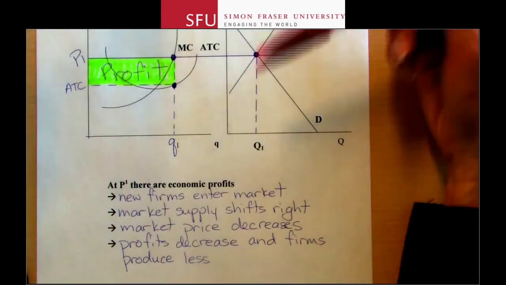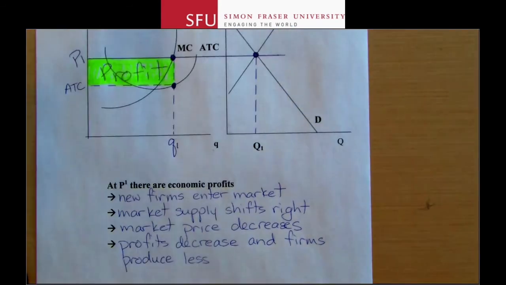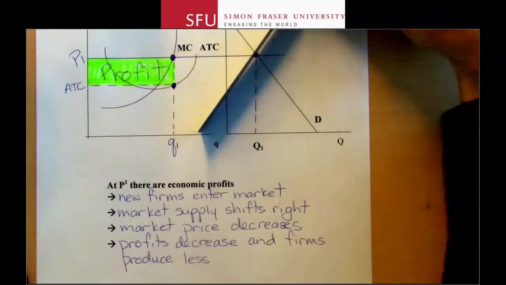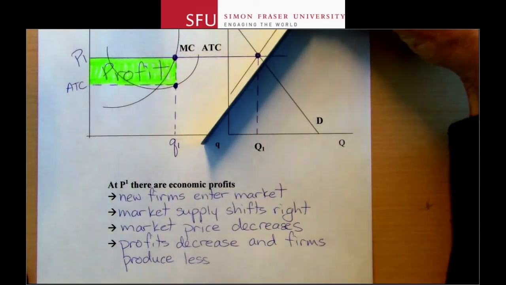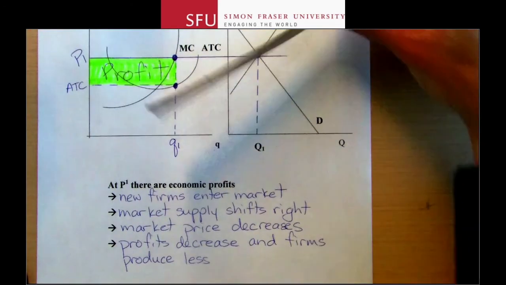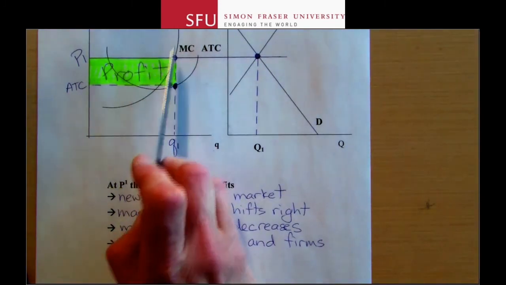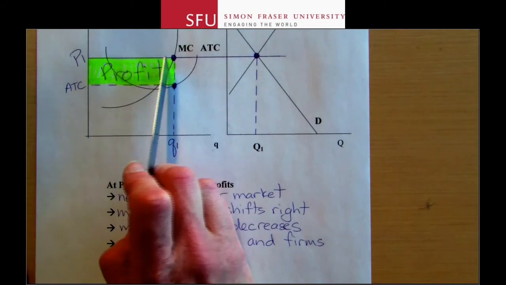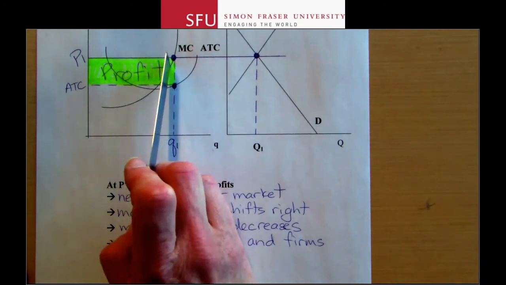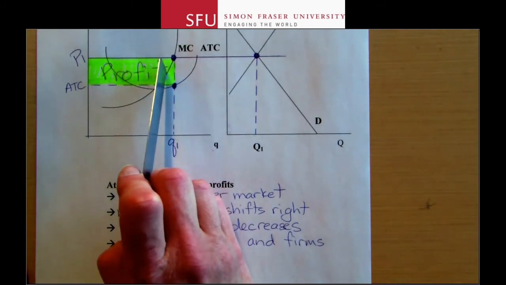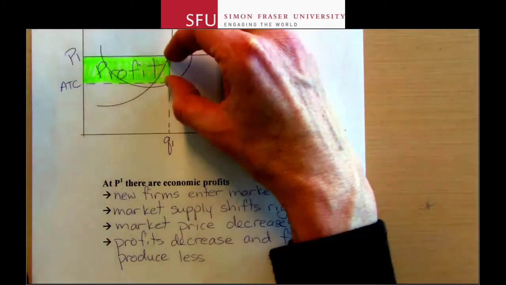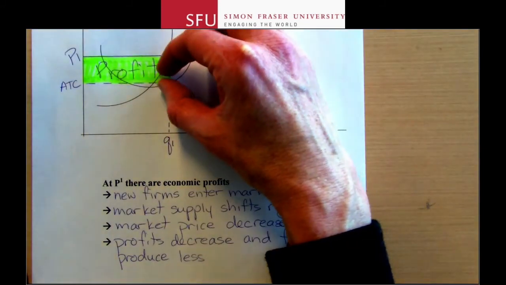Okay, so again, what's happening in the picture is that the market supply is going to increase. As this increases, the price will go down. And then over here, as the price goes down, we move along down the MC curve, and each firm is going to produce a smaller quantity, and the size of the profit will get smaller and smaller.